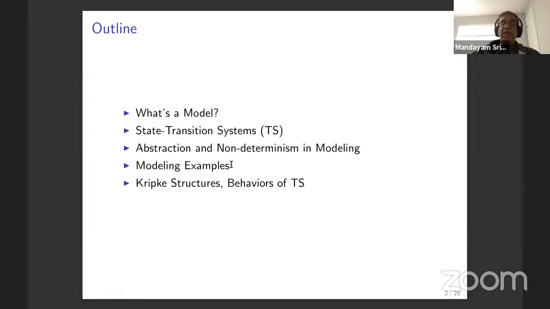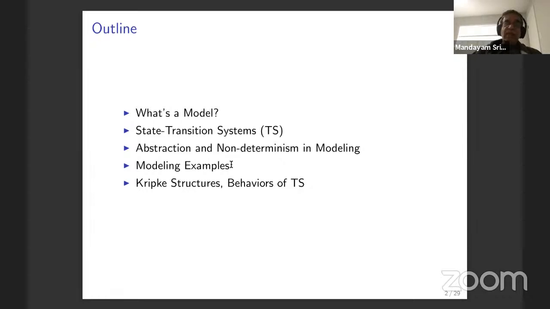Number two, a specification of the expected behavior of the system. Here, a system could be a hardware system, a software system, or a combination of the two. And number three, the goal of model checking, which is to show that the model satisfies, and does not violate, any properties that you have specified as constraints on the expected behavior.